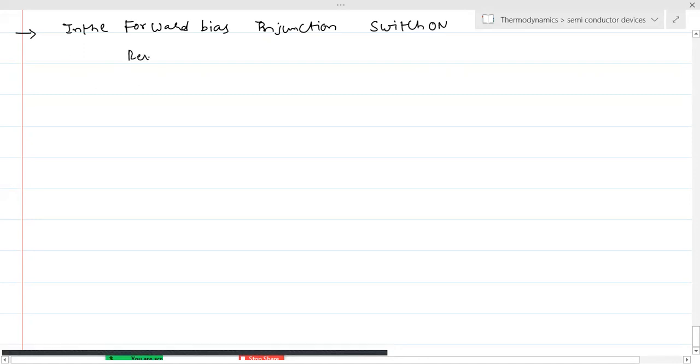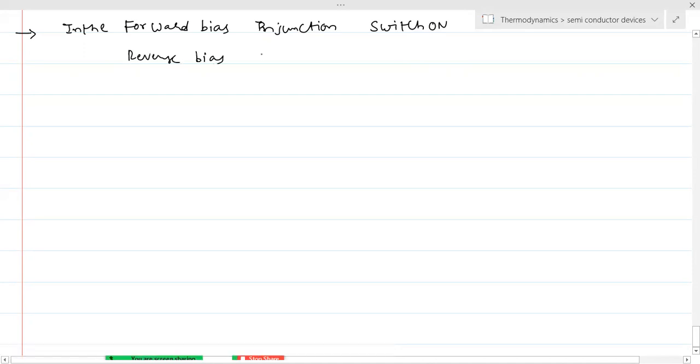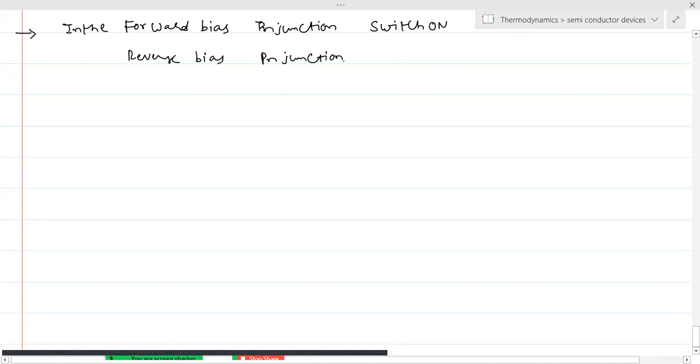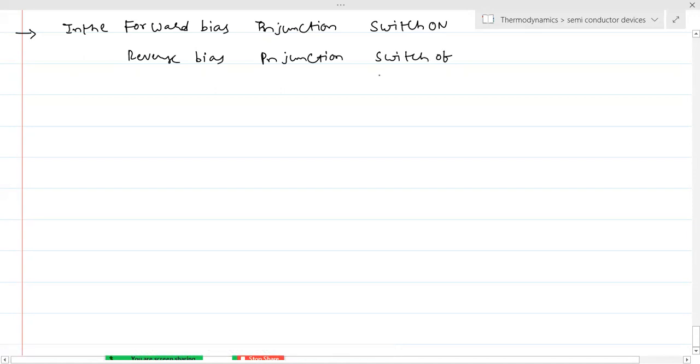And in the reverse bias, the PN junction will be in switch off position. Therefore, the PN junction diode also acts as a switch.